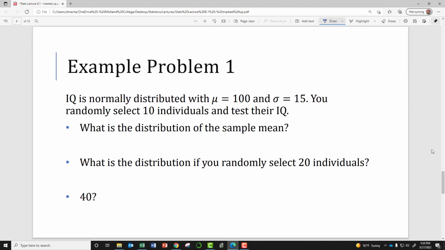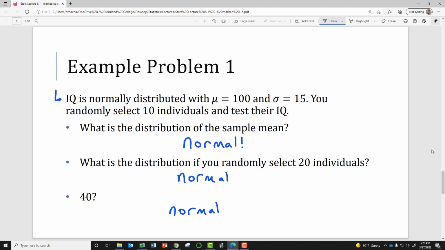So since the distribution of the raw individual measurements is normally distributed, so intelligence quotient is normally distributed among the individuals in the population, that means the distribution of the sample mean must also be a normal distribution. What would be the distribution if you select 20 individuals? Well, it would also be normal. And what if you selected 40 individuals? Again, normal.